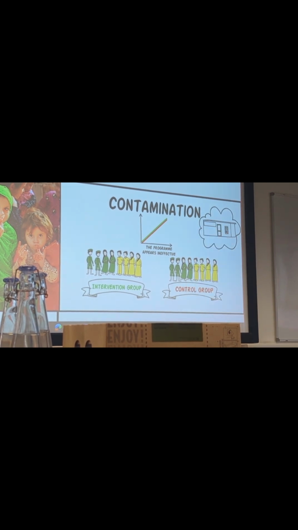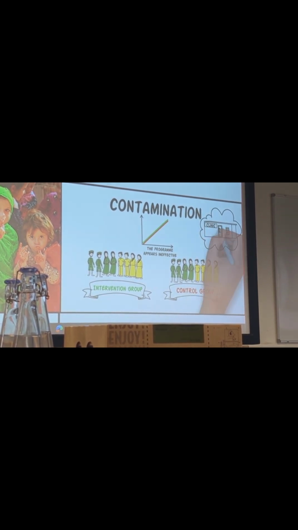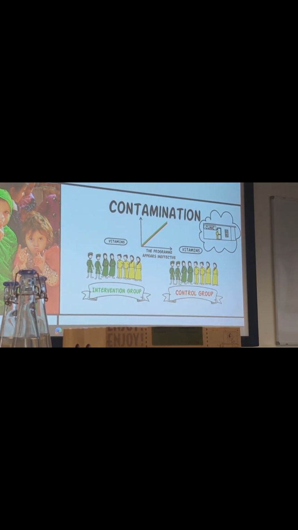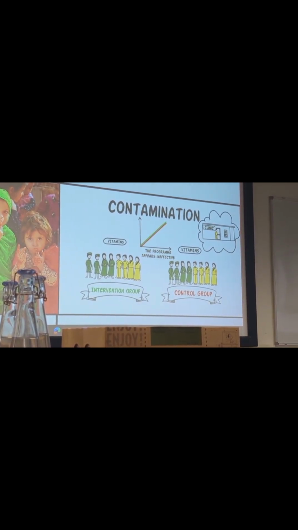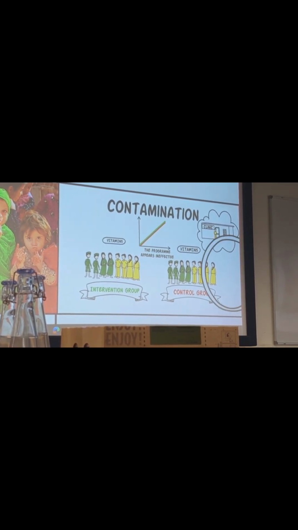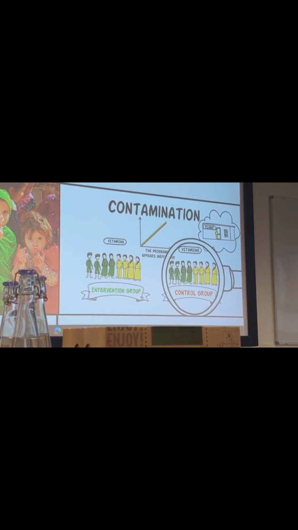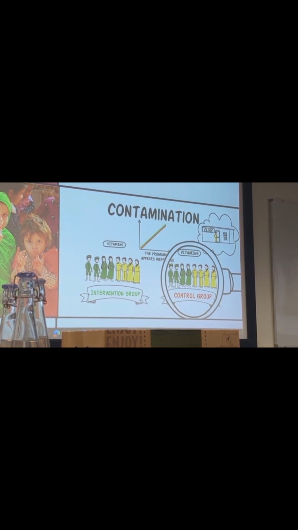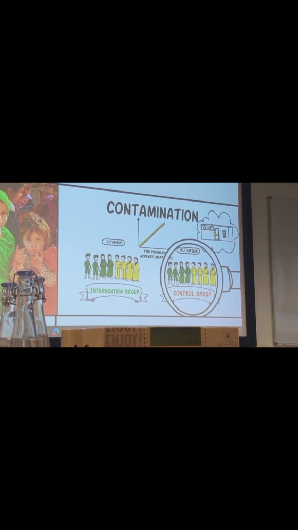What if they managed to access the treatment through other means, such as another program funded by another donor? The program might be highly effective, but the RCT would not show that. To guard against this, it is important to gather data on the treatments and services received by the control group, and not to assume that they have not received any.